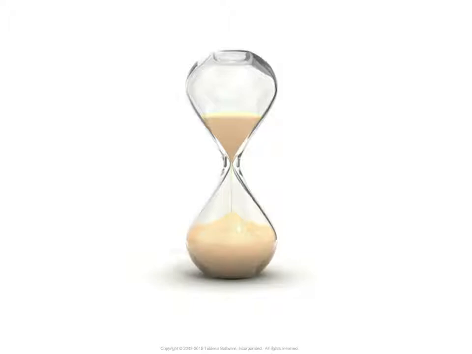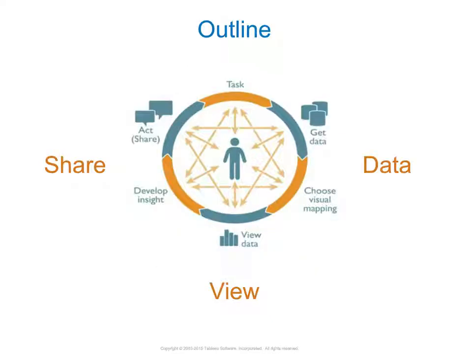And I also think it makes us better at our cognition and our decision making, because if you can work through your data that quickly, you can stay in the train of your thought and work on that. Now, the outline for the rest of the talk is going to focus on that from the three different points of view of the cycle of visual analysis that I described before.